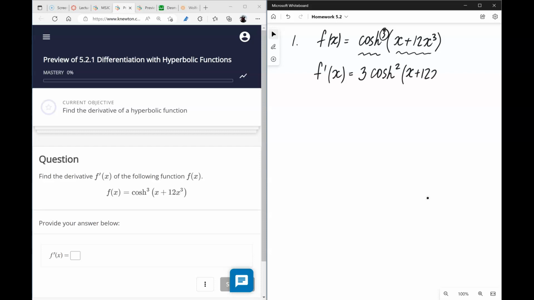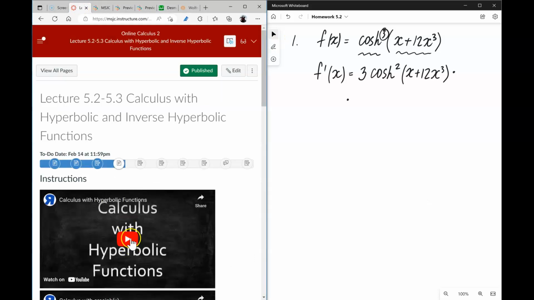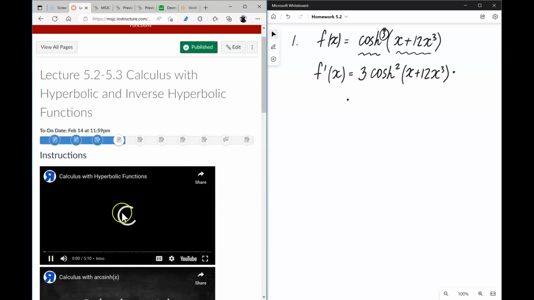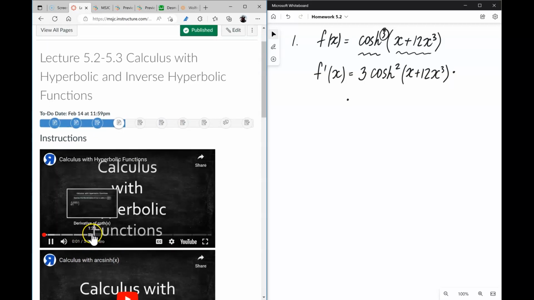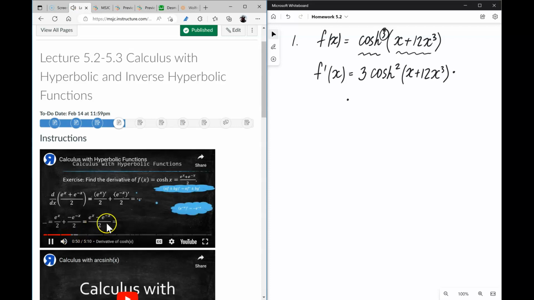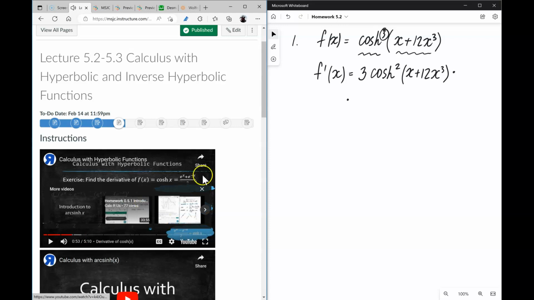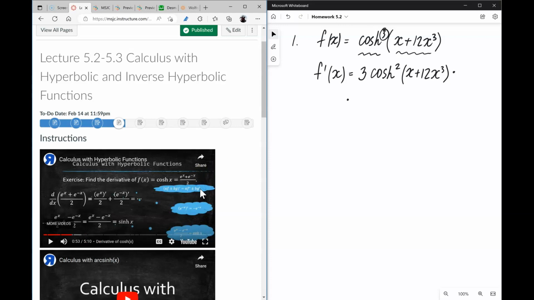So it's going to be 3x squared, but instead of x, I'm going to plug in the hyperbolic cosine with all of its inputs. Now, this gets multiplied by the derivative of hyperbolic cosine, which we learned in this lecture. As you can see, the derivative of hyperbolic cosine is hyperbolic sine.